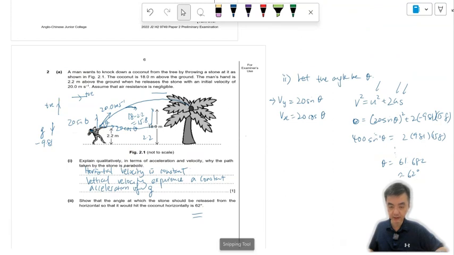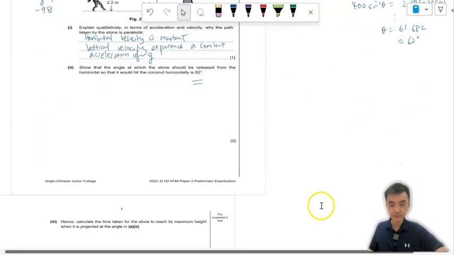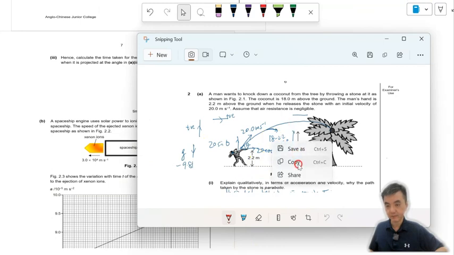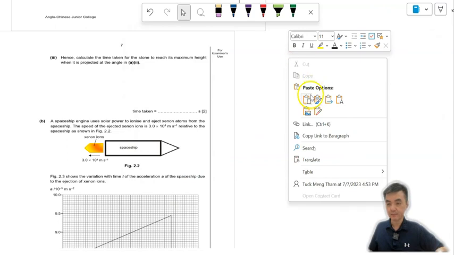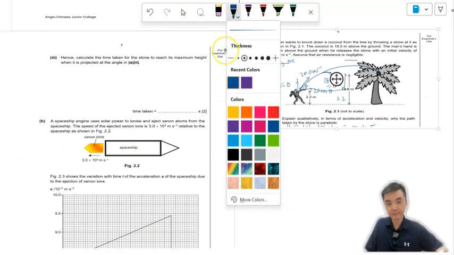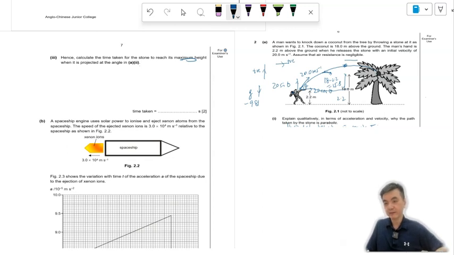Let me copy the diagram over here so that you can refer to it. At the maximum height, which is about this level here, because it's a parabolic path, the vertical velocity is 0 at the top of the path. So Vy equals 0 at the maximum height.